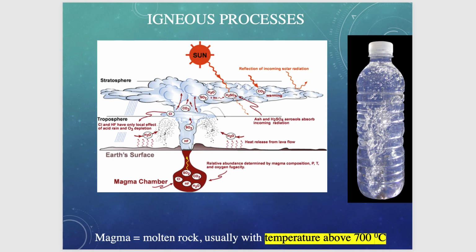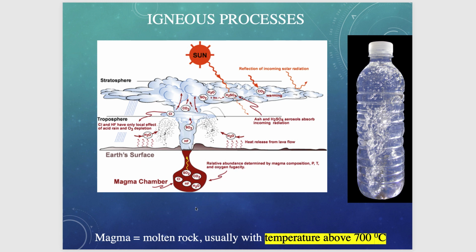So igneous processes involve really a number of key ingredients that are usually hosted in a magma chamber. Everything starts from a pocket of melt that forms either in the crust or commonly in the upper mantle, or even in the lower mantle for very specific magma types.